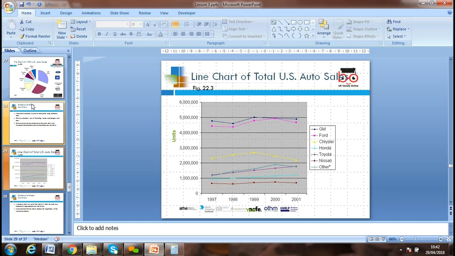So maybe some people can't read these graphs properly. So again, GM Motors, if we look, that's the higher sale, that graph is coming there at the top. So by using Excel, we can prepare these graphs as well.